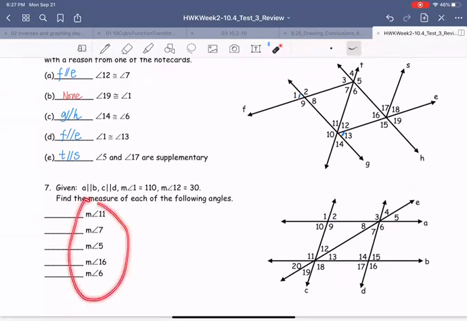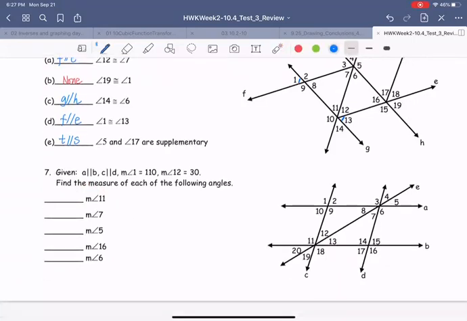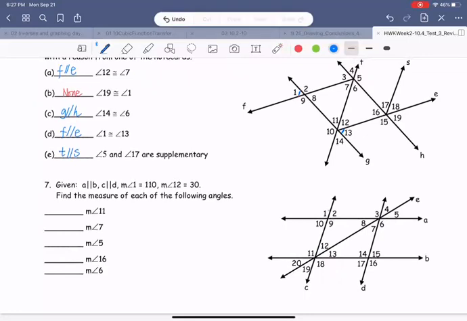Now let's look at this. Angle 1 is 110, right? Angle 12 is 30 degrees. Now they ask you to find angle 11.